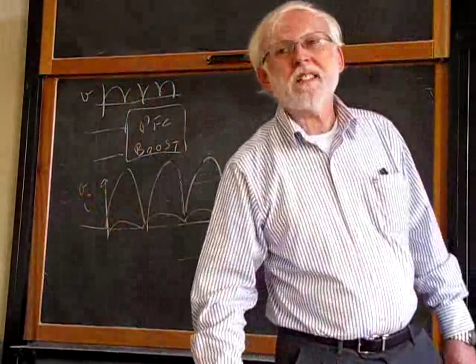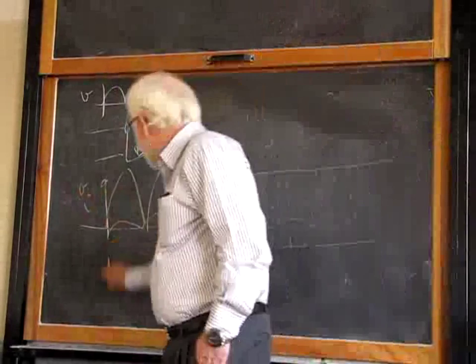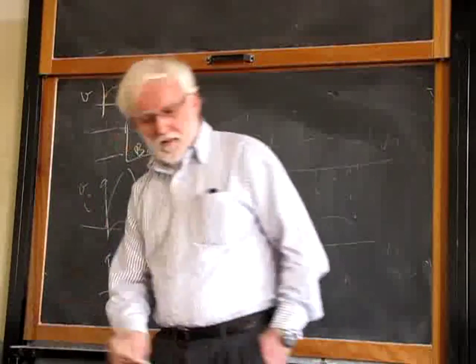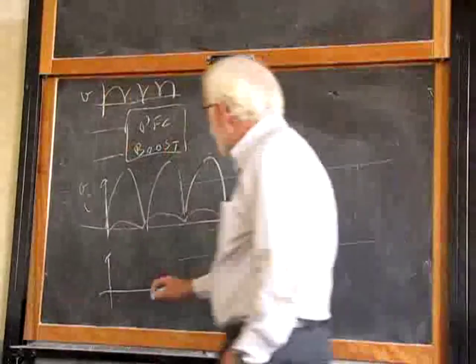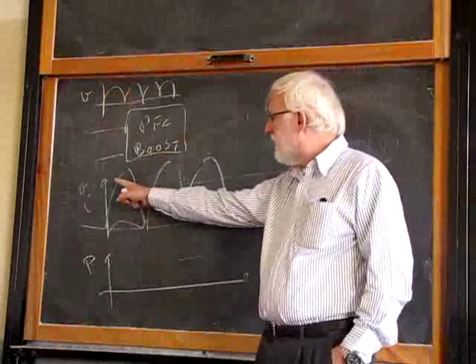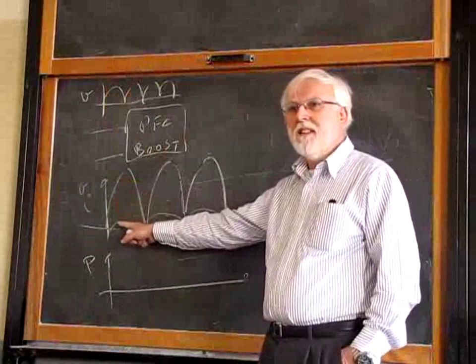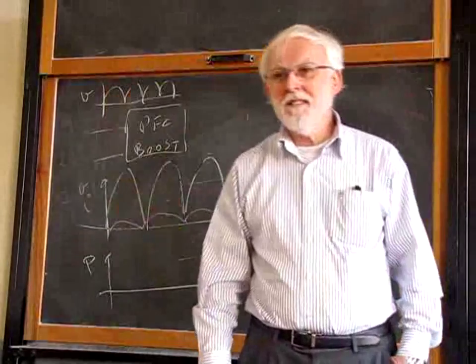What's the instantaneous input power? Let's change color once more. What is the instantaneous input power? It's just the product of B times I. What's the product of these two waveforms? It's not constant.